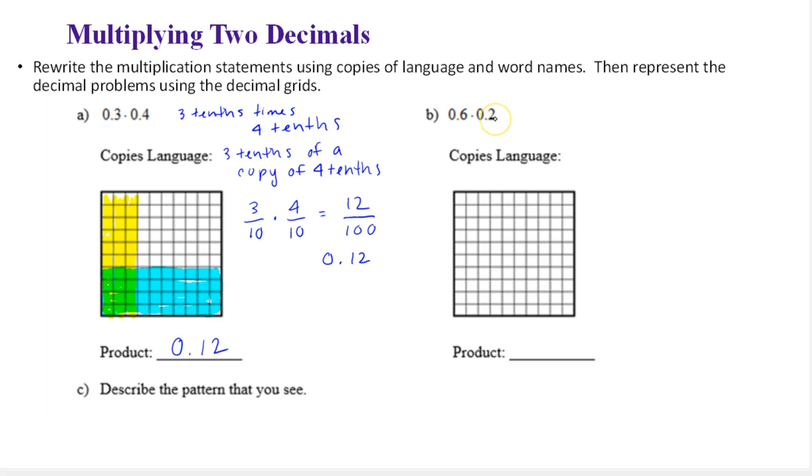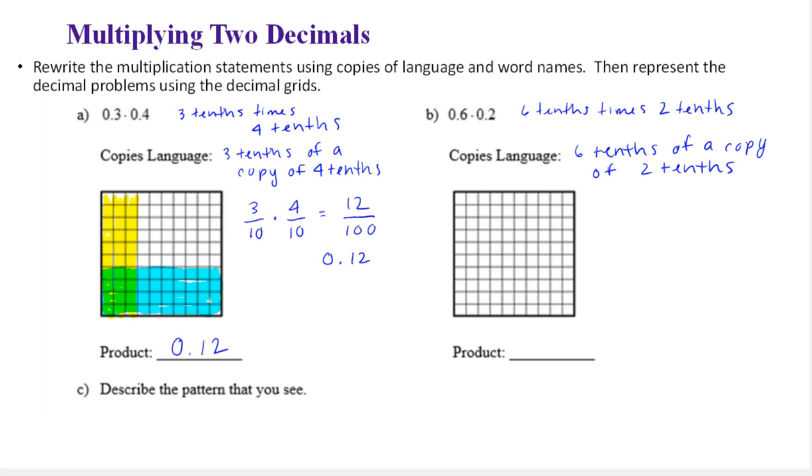We have 6/10 times 2/10. For copies of language, we would say 6/10 of a copy of 2/10.